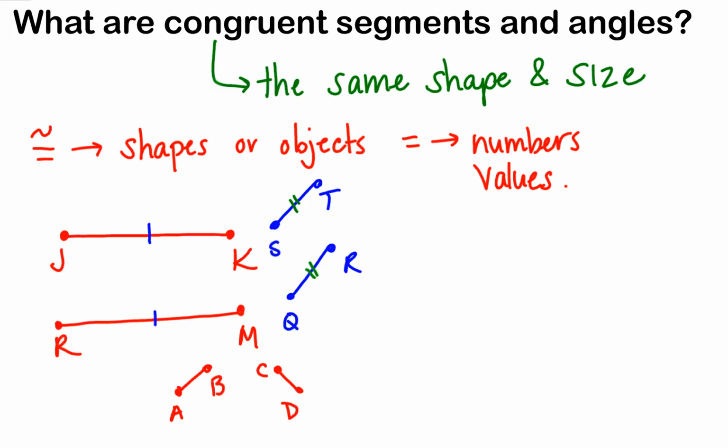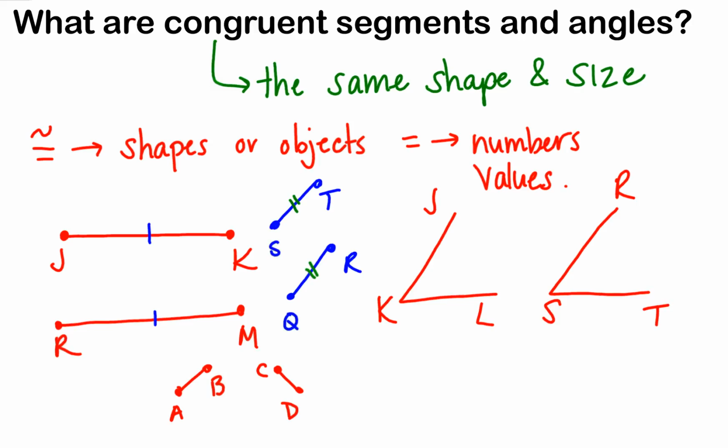For congruent angles, J, K, L and R, S, T are two angles that have the same measure, and we mark those with arcs. There's a couple other ways we could mark those.